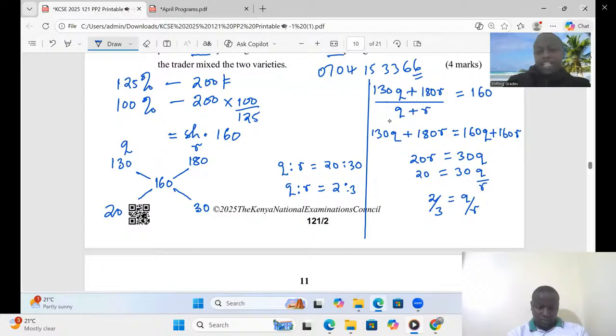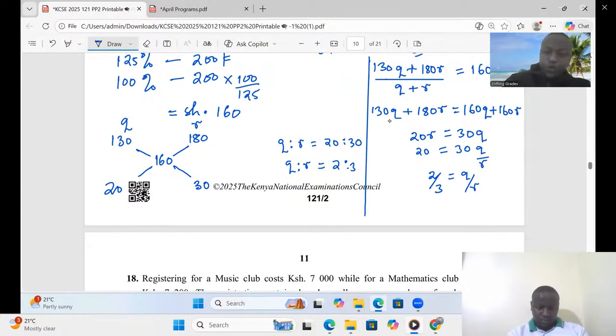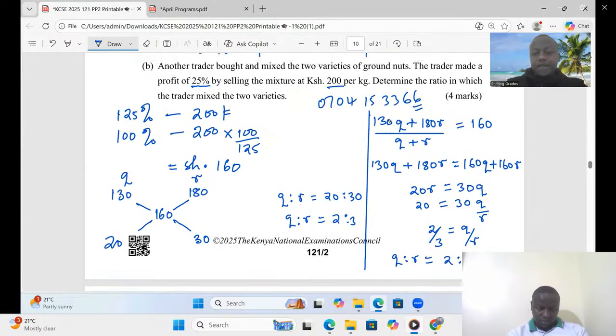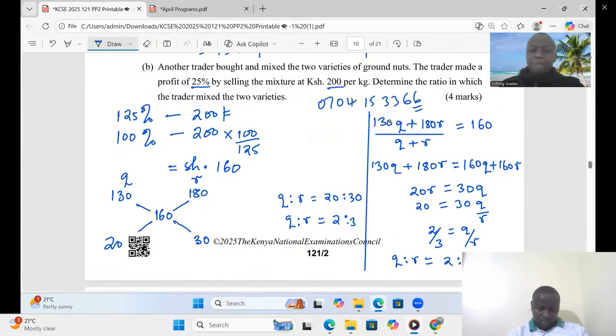Now, if the fraction Q over R equals 2 over 3, then the ratio Q is to R is 2:3. So that is the ratio in which this second trader mixed the two varieties of groundnuts.